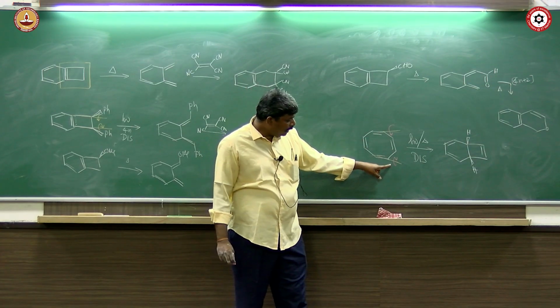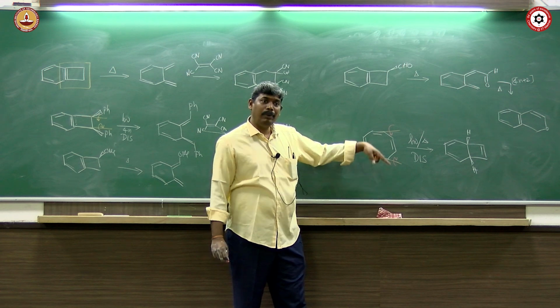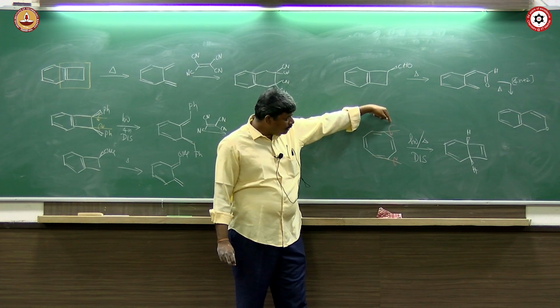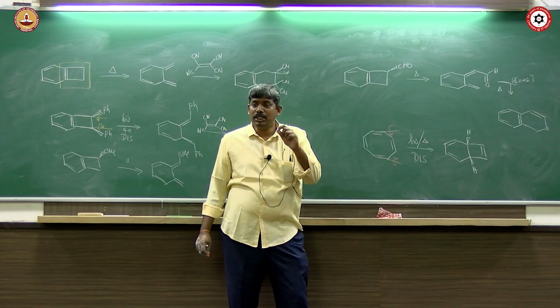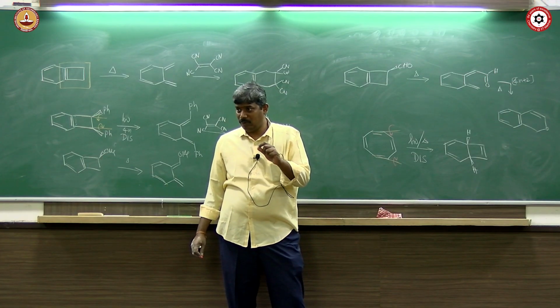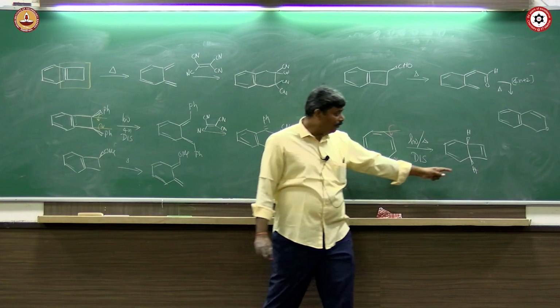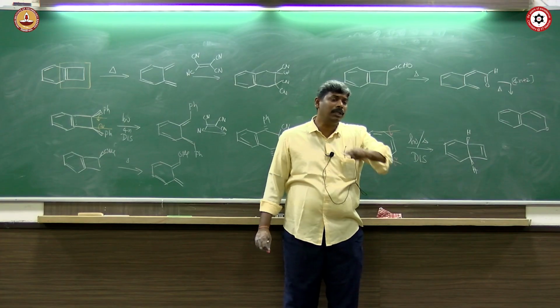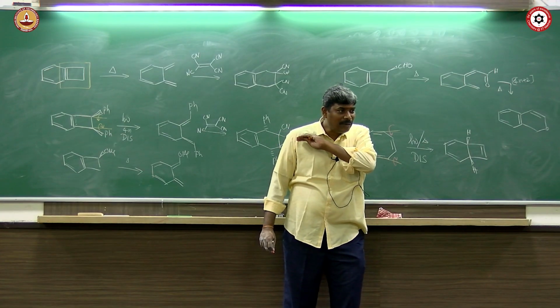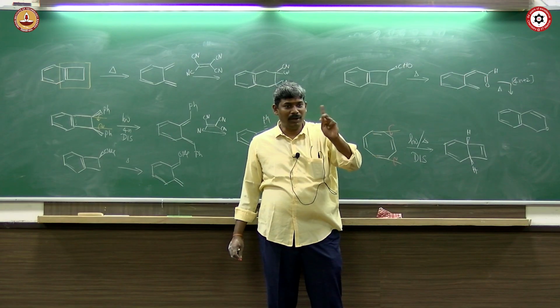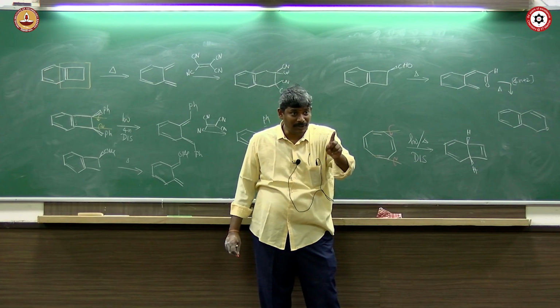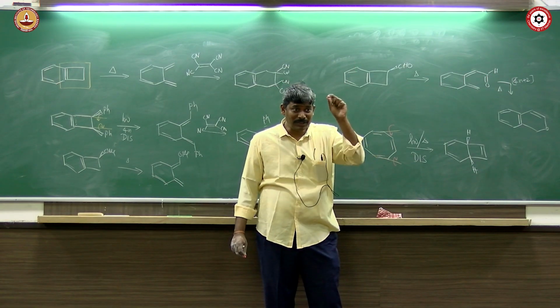So if I do a clockwise, then only the proton which is outside will come up. The proton which is outside, in this case, will also come up. So only through a disrotatory mode of ring closure can we have a cis ring fusion in any case. You can completely close your eyes and go ahead. You will not have a cis ring fusion through a conrotation. For a cyclic system, don't connect to something else. I am talking about a cyclic system.